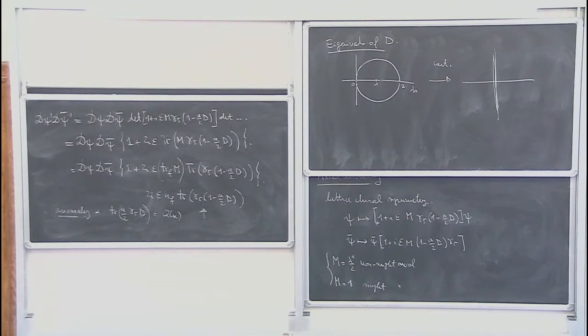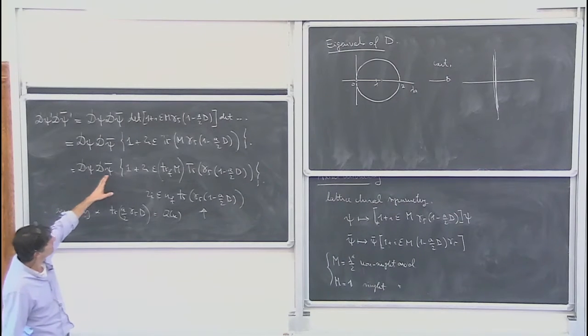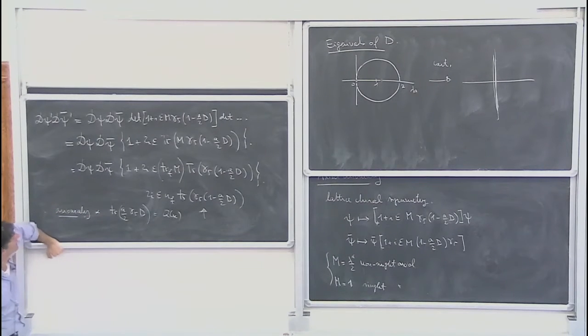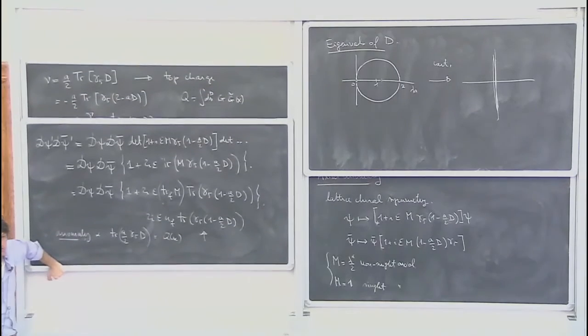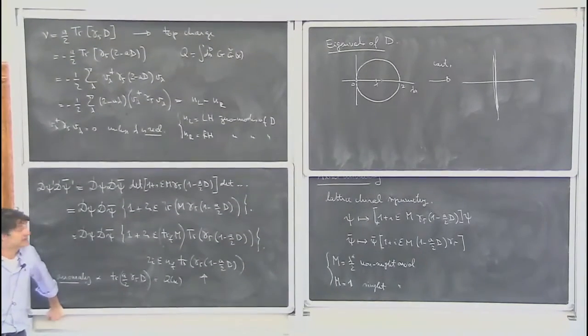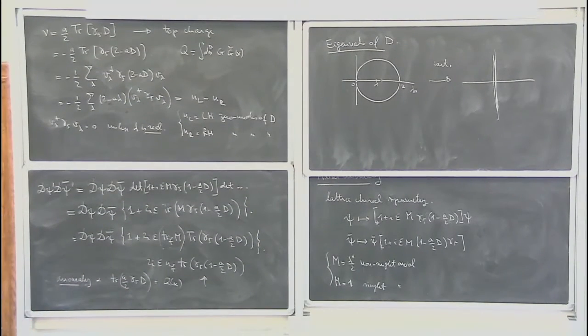Okay? So this is the derivation of the axial anomaly. I think it's the cheapest derivation you can get of the chiral anomaly, and it's all encoded in the properties of the Ginsparg-Wilson operator.